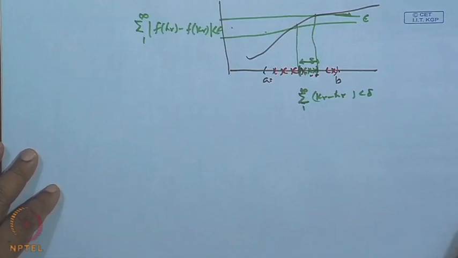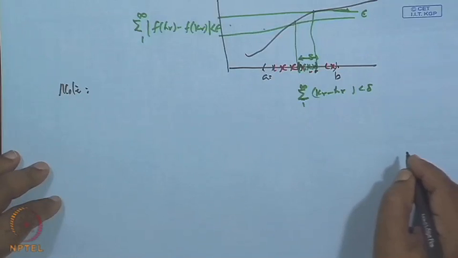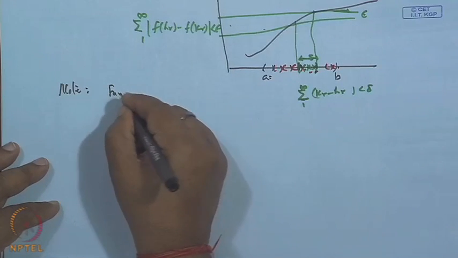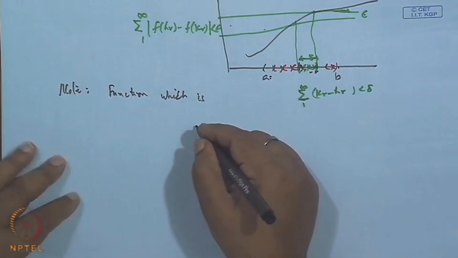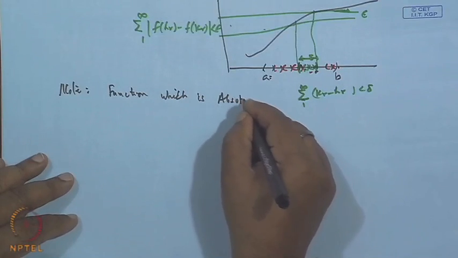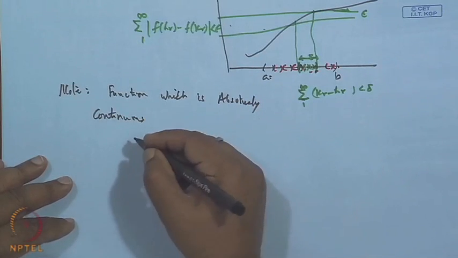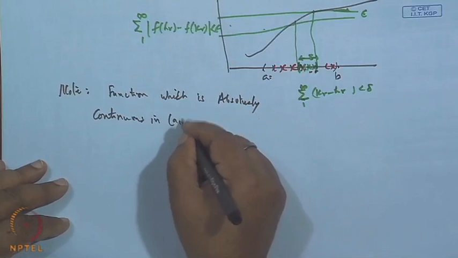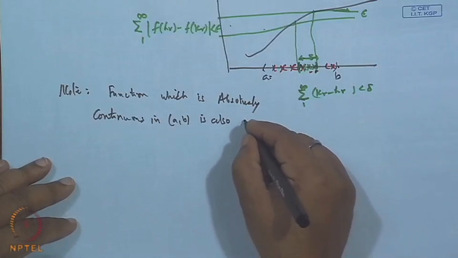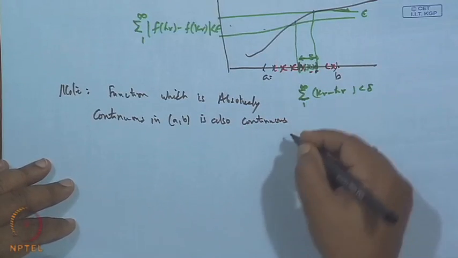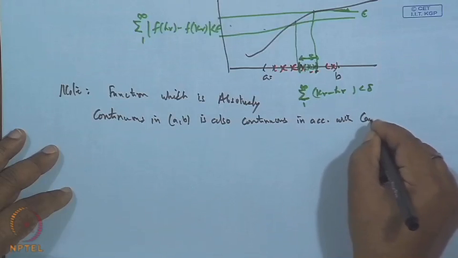So, obviously, every absolutely continuous function is continuous. As a note, we can say a function which is absolutely continuous in the interval a b is also continuous in accordance with the Cauchy definition.